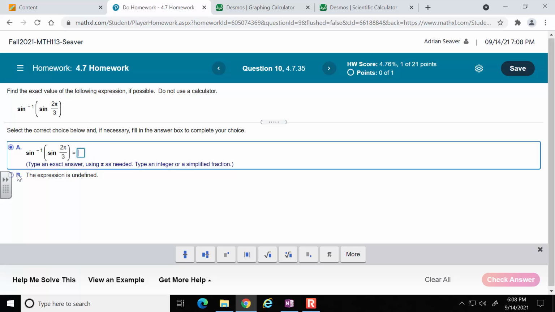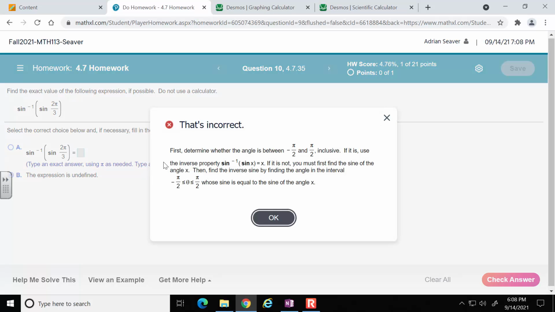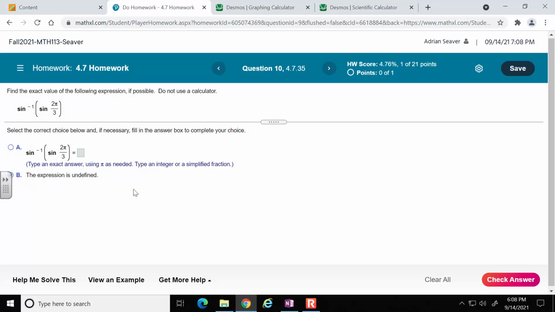So if I come in here and say this is undefined, you would think that would be correct. It's not correct. Just because it's not equal to 2 pi over 3 doesn't mean the answer does not exist, because in this case, I can find the sine of 2 pi over 3. I can plug that into a sine function and find that value.